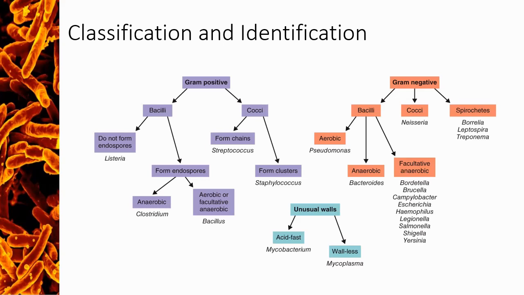For example, if you took a wound swab and looked at it under a microscope and you identified gram-positive, cocci-shaped cells that formed clusters, then there's a good chance you are looking at Staphylococcus aureus, more commonly known as a staph infection. As we go through this unit, the terms on this slide will become more familiar to you.